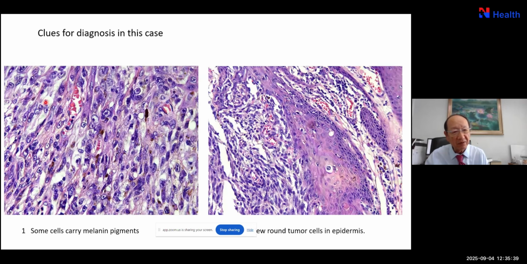is that some tumor cells carry melanin pigment. It's only a small, tiny area or on one edge of the tumor. And if you look at the epidermis, the junction of the tumor and epidermis, there are few tumor cells in the epidermis. The tumor cells in the epidermis, they are round cells.